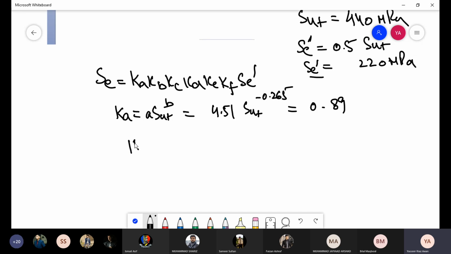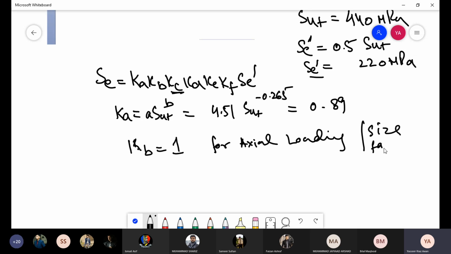The Kb is the size factor, and we learned that we take the size factor equal to 1 for axial loading.